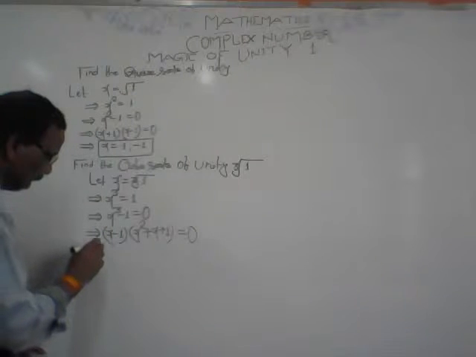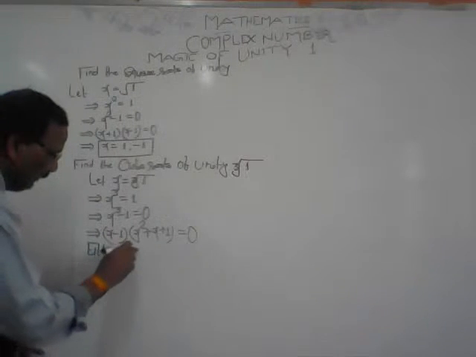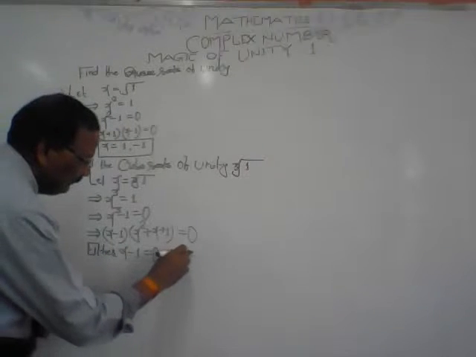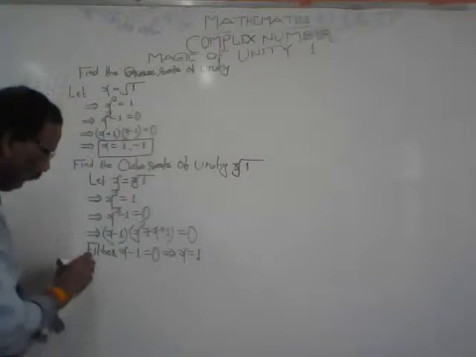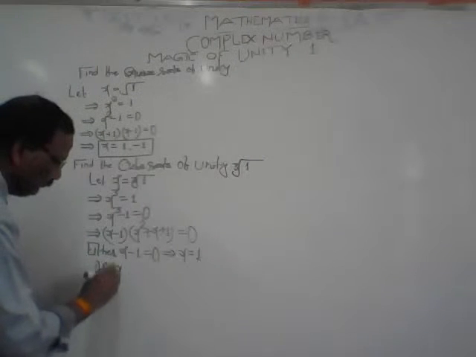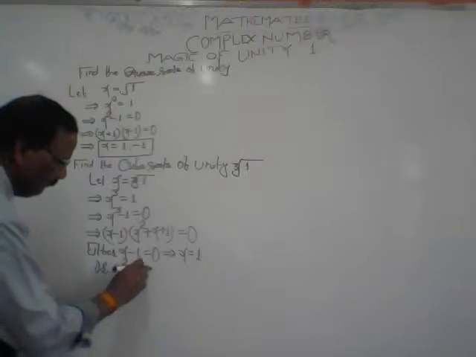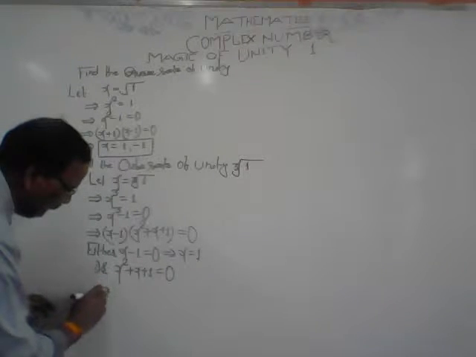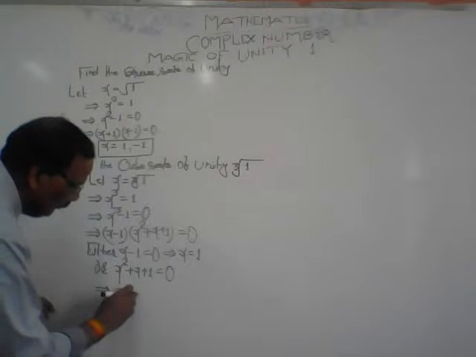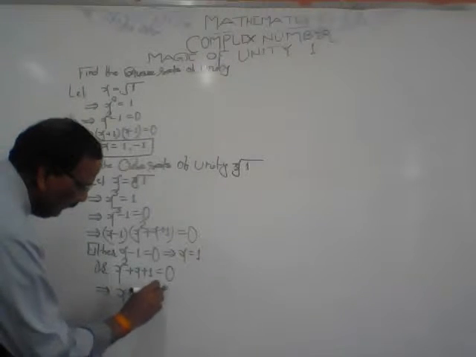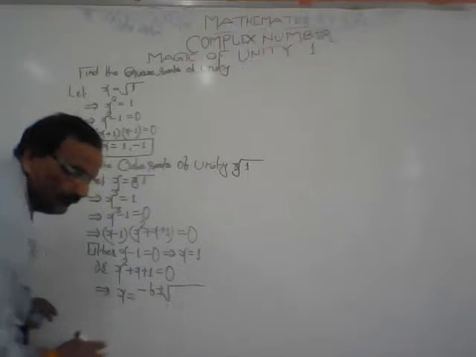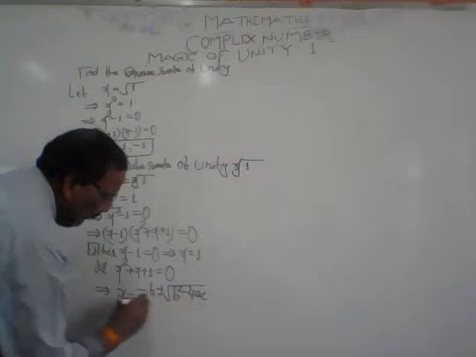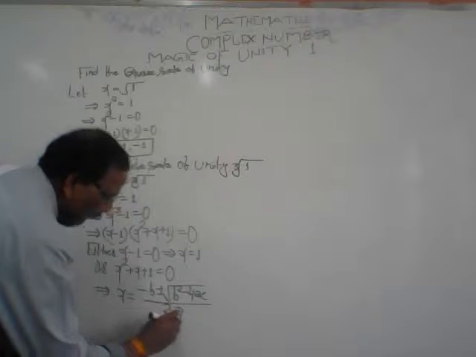Either x minus 1 is equal to 0, this implies x is equal to 1, or x squared plus x plus 1 is equal to 0, this implies x is equal to minus b plus minus under root b squared minus 4ac upon 2a.